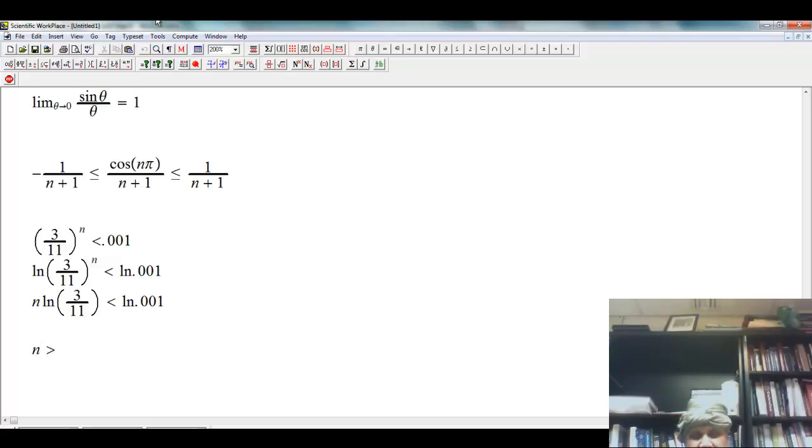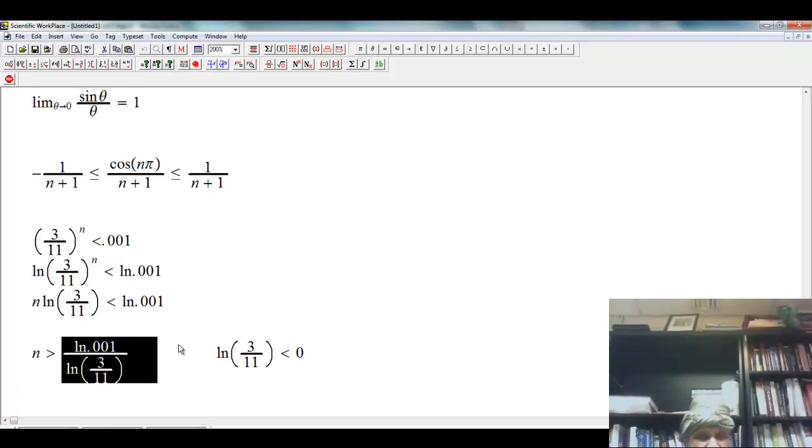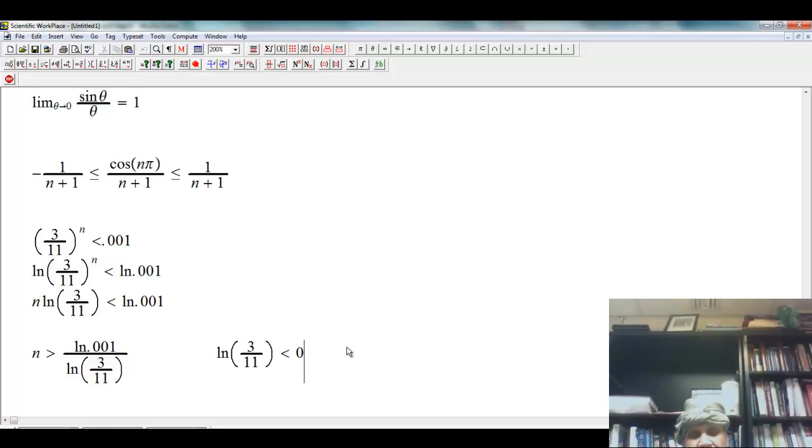Natural log is an increasing function, so the direction of the inequality is respected. Now I can pull this n down. Now I can divide by ln of 3/11, but ln of 3/11 is going to be a negative quantity, because that is a number less than 1, right?